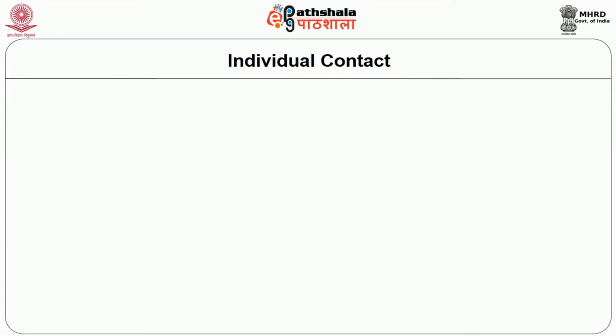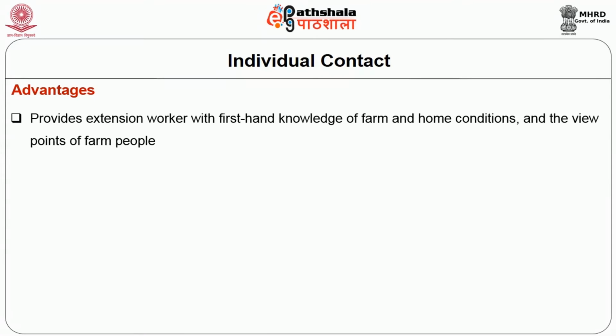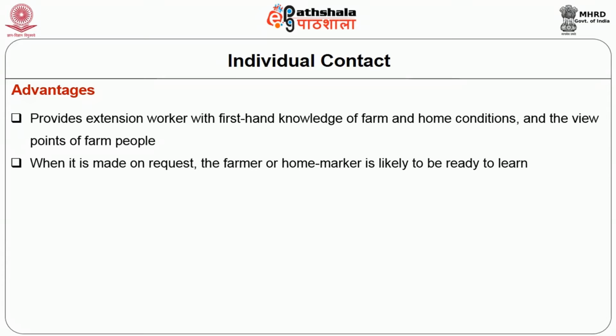So, let us see the advantages of farm and home visits. It provides the extension worker with first hand knowledge of farm and home conditions and the viewpoints of farm people. Number 2, when it is made on request, the farmer or homemaker is likely to be ready to learn. The ratio of acceptance to action is high.